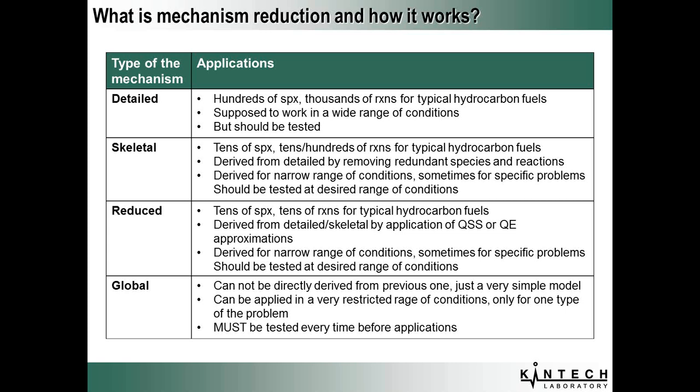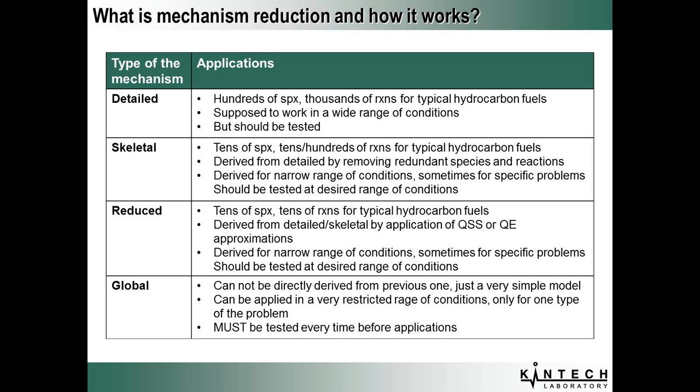The second type of the mechanisms is the skeletal one. Usually they contain tens, maybe hundreds of species and tens and hundreds of reactions for typical hydrocarbon fuels at least. And when we talk about the skeletal mechanism, we assume that these mechanisms are derived from the detailed one by simply removing redundant species and reactions.